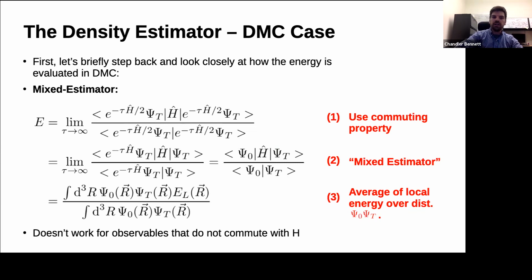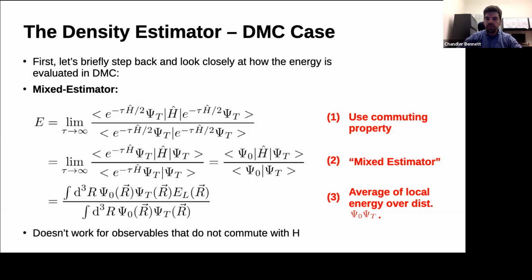And so if we take the limit that the imaginary time goes to infinity and apply the projection operator, or the time evolution operator, onto an initial wave function psi_T, this will evolve in principle to the ground state. And so what this first line essentially says is that we're averaging the Hamiltonian over the ground state wave function.